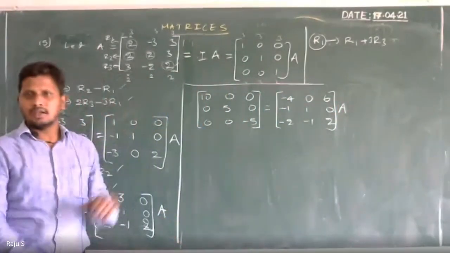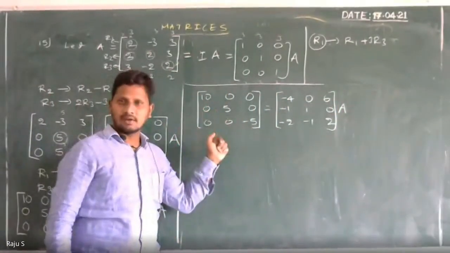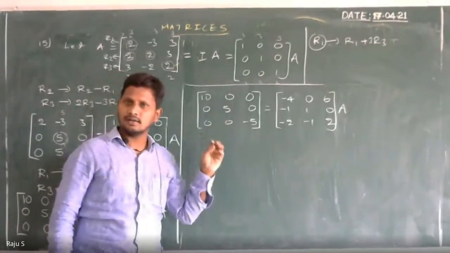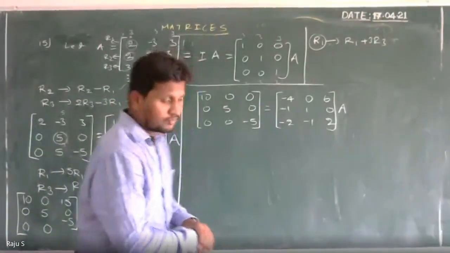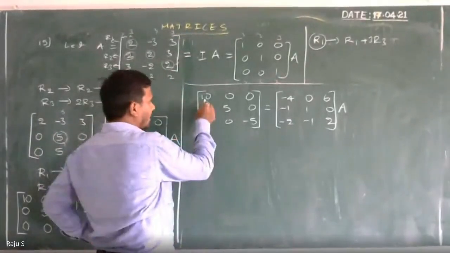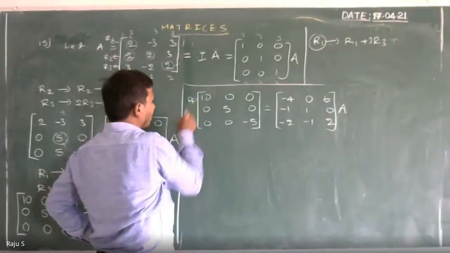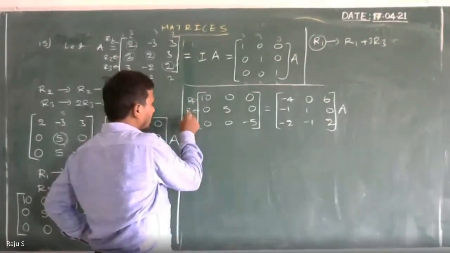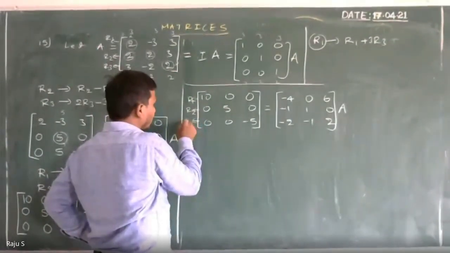Right, finally we got a diagonal matrix. Is this diagonal or not? First we find the diagonal. After that, what to do? We can make them identity form by dividing R1 with 10, R2 with 5, R3 with minus 5.